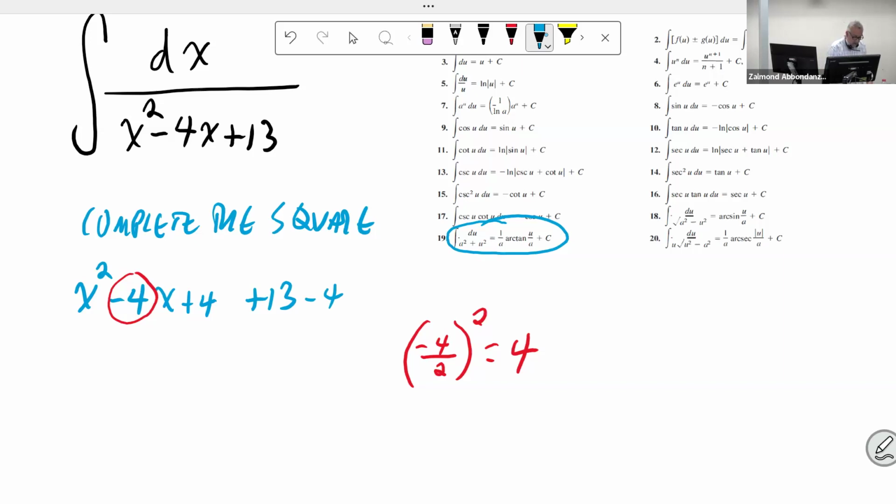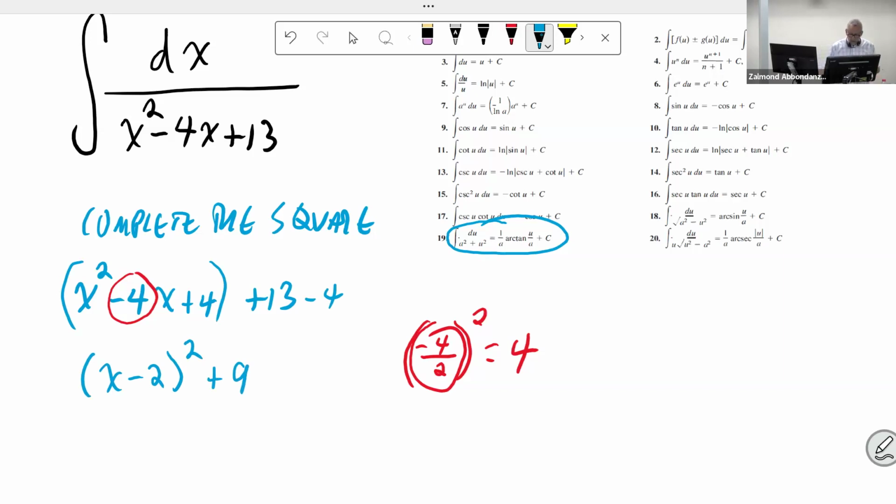So what I have here now is a perfect square trinomial, which factors in this way, x minus 2 squared. It's always going to be the opposite sign in here, -2. And then 13 minus 4 is plus 9. So that's how I can rewrite that.